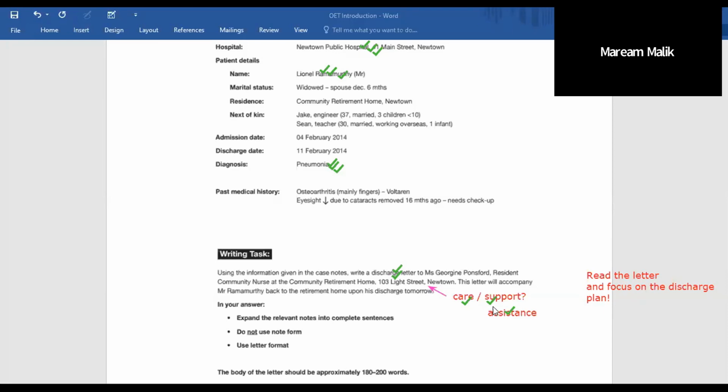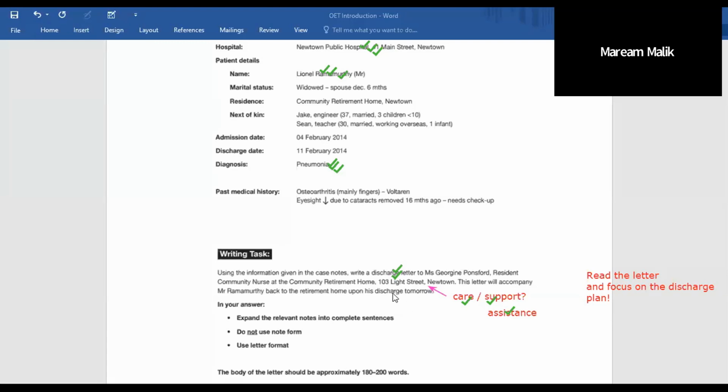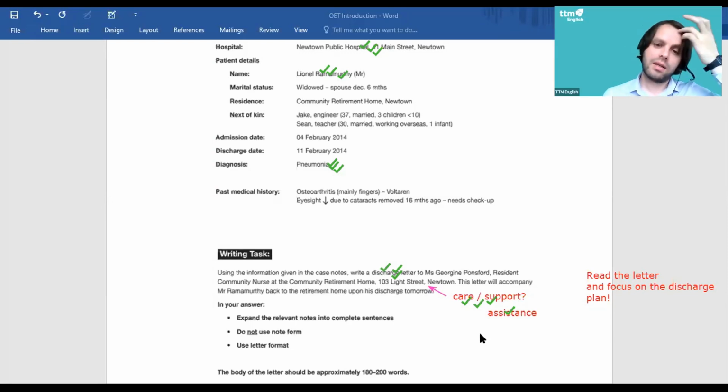He now requires... No, he is being referred. Sorry, he is being discharged to you, and now he requires your care and support. Good. So it's fairly formulaic, but this is the beginning of building the intros.